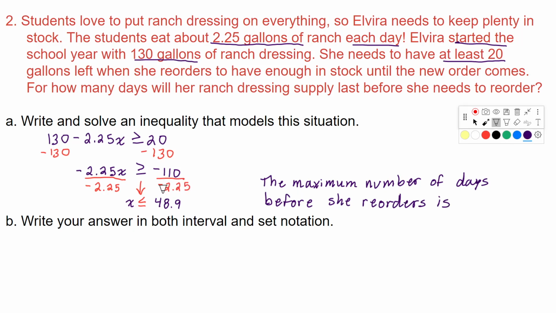And again, I'm not going to round this up because it can't be more than 48.9. So we're going to go and round it down to 48. The maximum number of days before she reorders is 48.